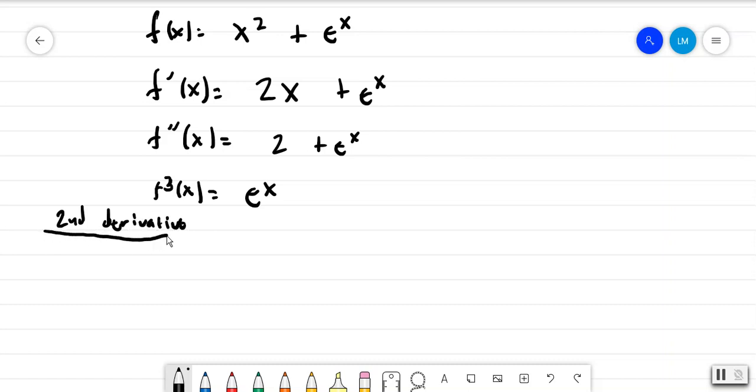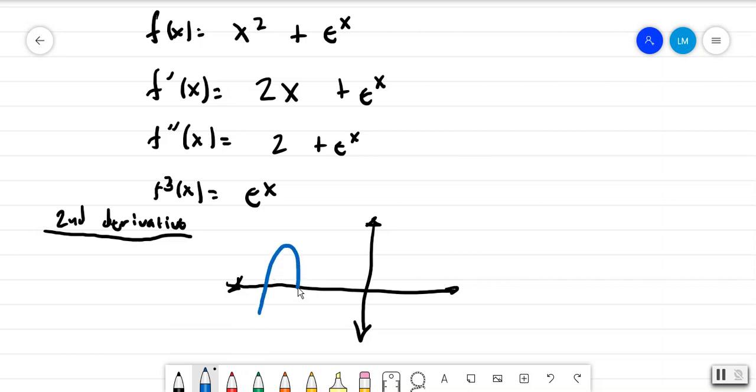Now, when we look at the second derivative, we tend to look at what is called concavity. Concavity is essentially when you have a function which might have a curvature that looks something like this. Over here, the second derivative is going to be positive.